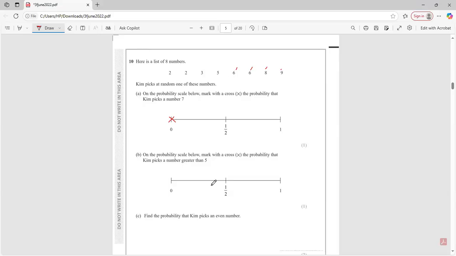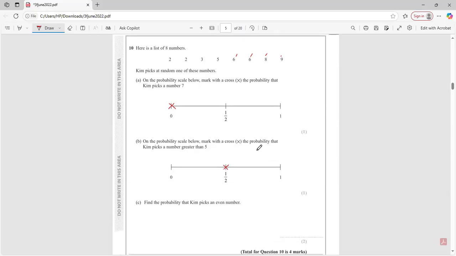So that's 4 over 8, which is 1 over 2, so that's half. So the probability that it is greater than 5 is equal to 4 over 8, and 4 over 8 is 1 over 2.